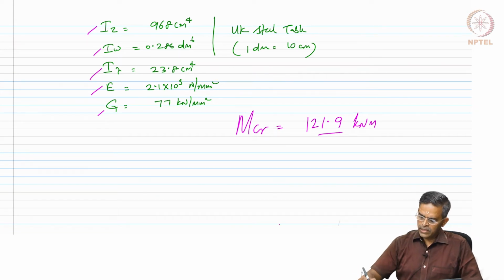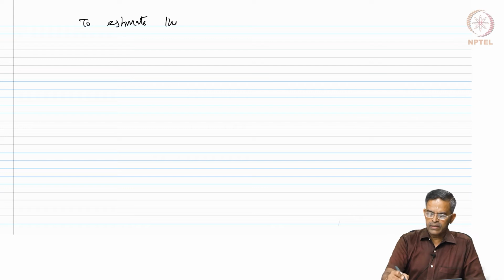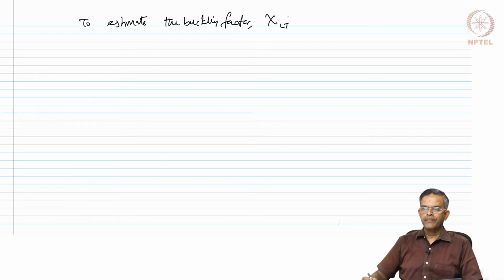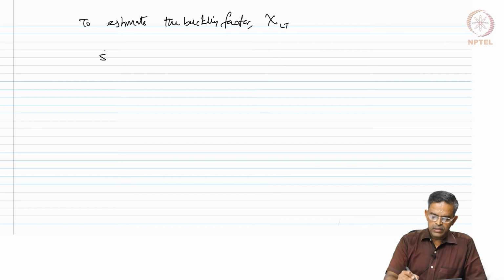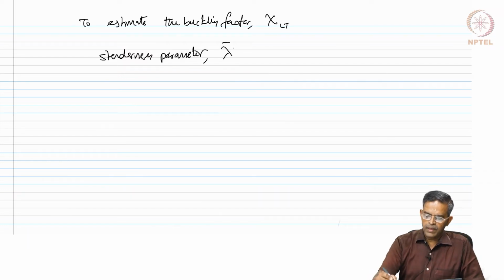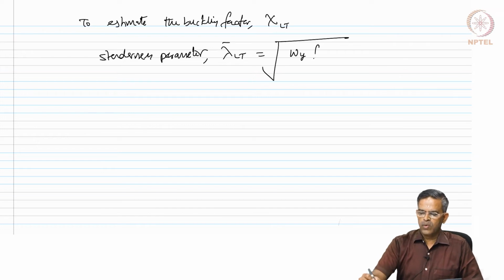So, the next step is to estimate the buckling factor, which is psi LT. This depends on slenderness. So, the slenderness parameter, lambda bar LT, is given by square root of Wy Fy by MCR.